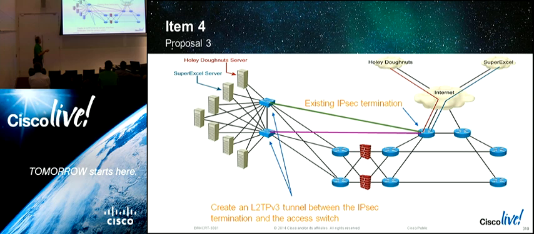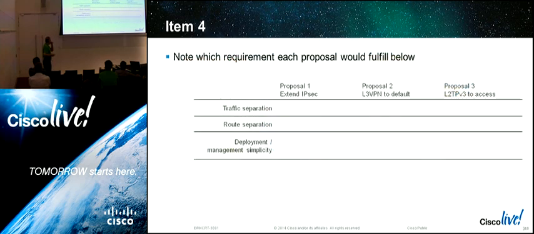So I have the tunnels come in from the customers, and then I extend those tunnels using L2TPv3, layer 2, all the way. Okay, so those are the three proposals. And the question is, of the requirements we know, traffic separation, route separation, and relative simplicity of deployment and management, which of these solutions meet the requirements?